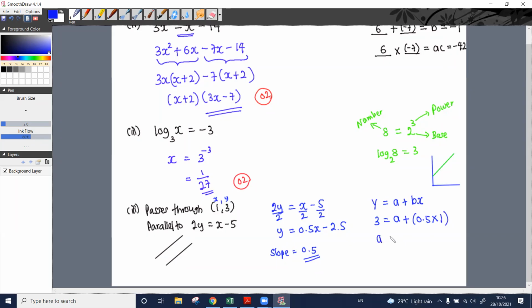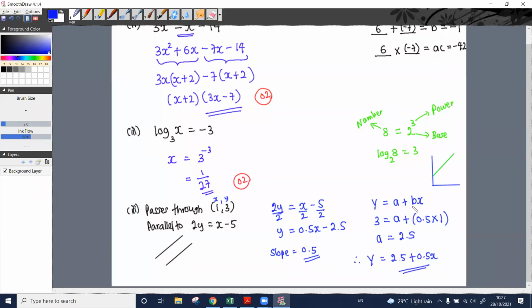By solving this, we can find the value of a. That should be 3 minus 0.5, that is 2.5. Therefore, what should be the function of the straight line? y equals 2.5 plus 0.5x.